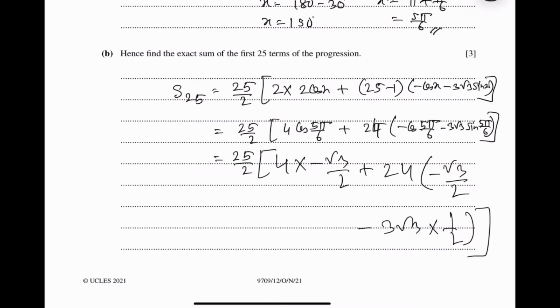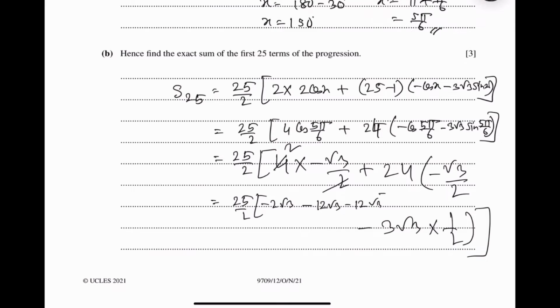And calculate all this. 2 2s are 4, this is 25 by 2 times minus 2 root 3. Then if we multiply this 24 with that, we get minus 12 root 3, then again minus 12 root 3.